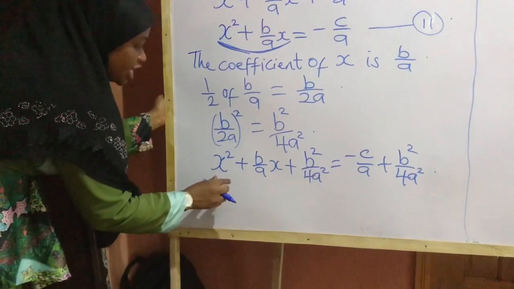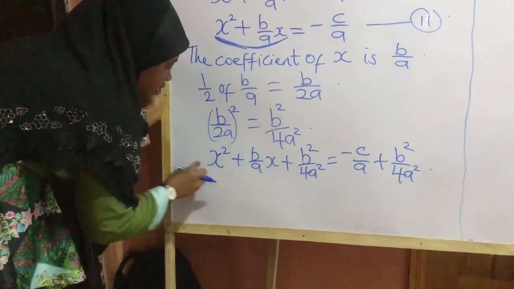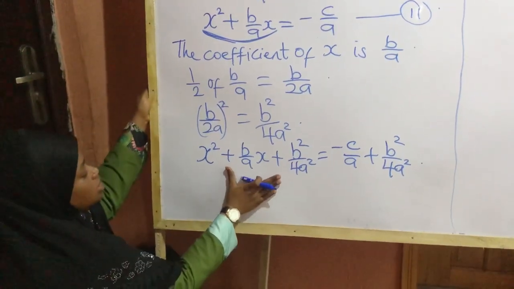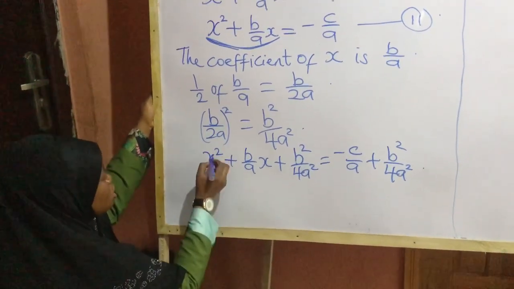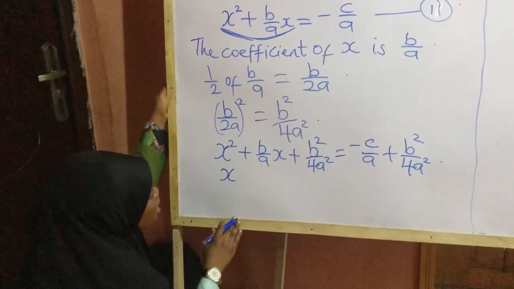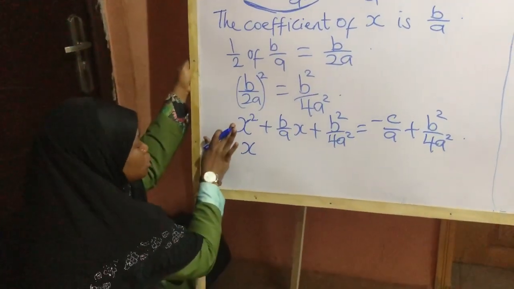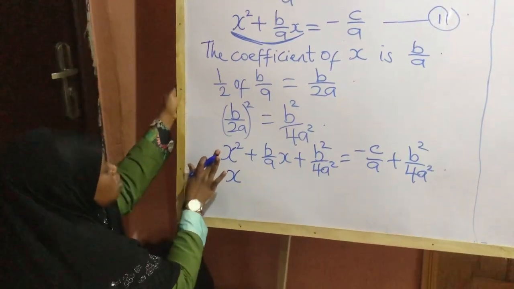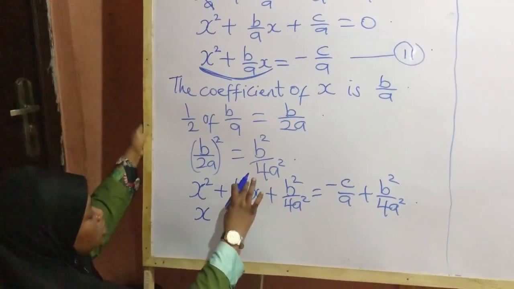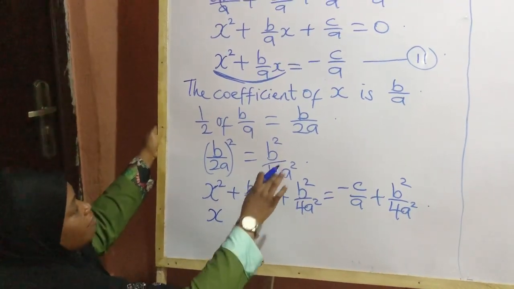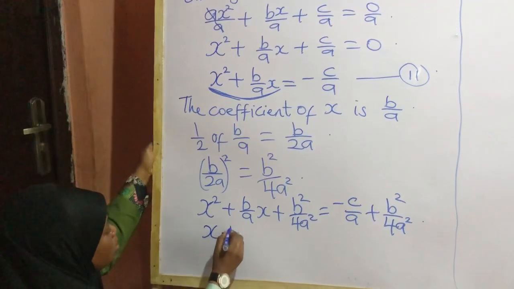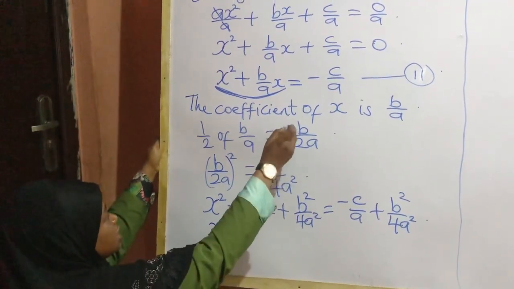Now here we can write this one as a perfect square. And I explained that if you want to write an expression as a perfect square, you just pick the variable that is here, whether they use x or any alphabet for you. So you use x, then plus half of the coefficient of x, and half of the coefficient of x is equal to b over 2a. So it depends on the sign that is there.